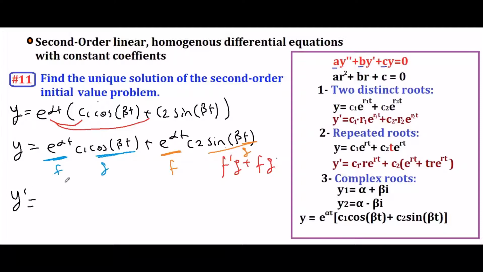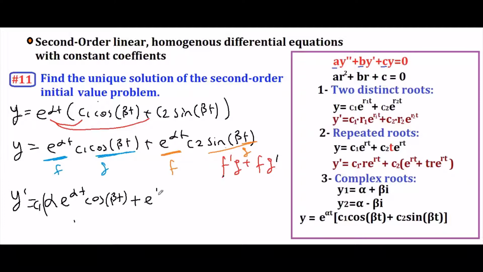So our y prime will be equal to f prime times g. F prime is the derivative of e to the alpha t, which is alpha e to the alpha t, times g, which is cosine of beta t. C1 is a constant, we can pull it here. Plus f times g prime.